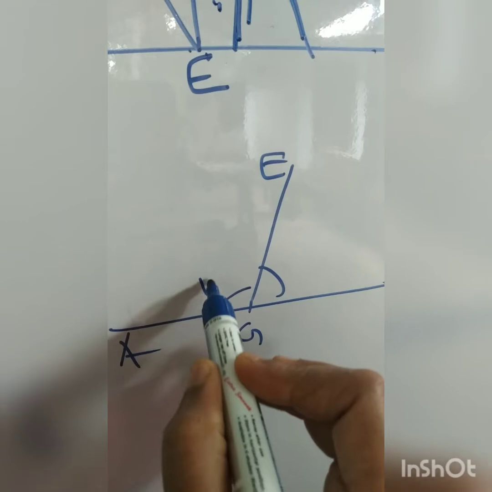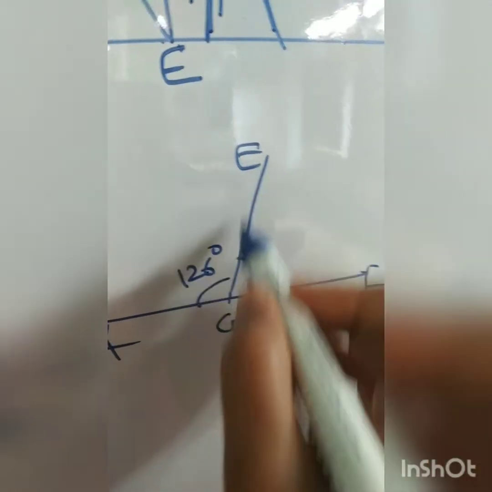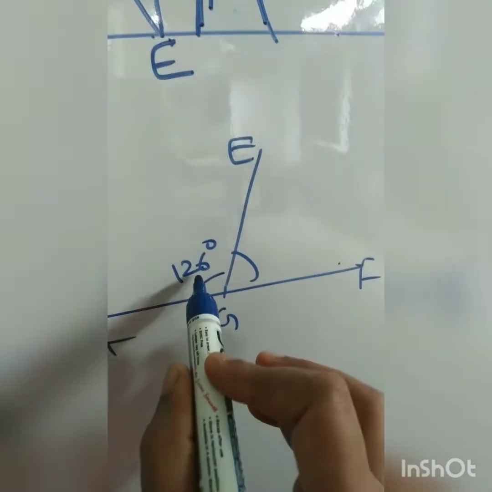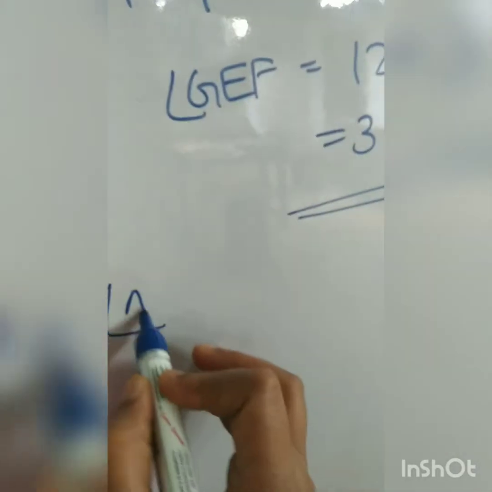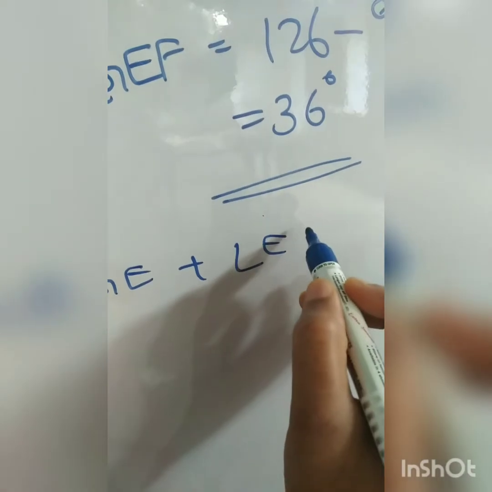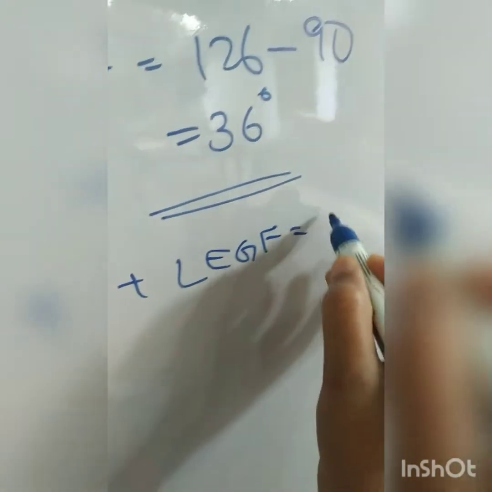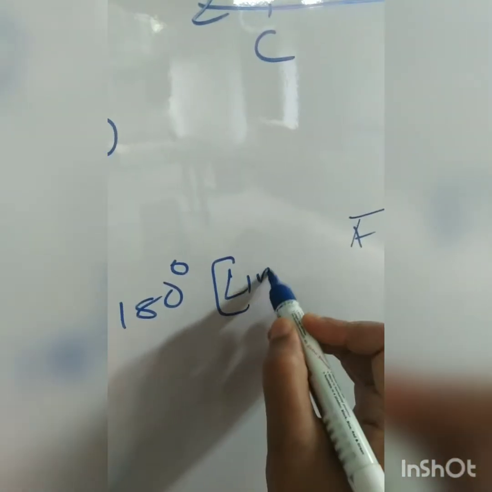But we got this angle as 126 degrees. So angle AGE plus angle EGF is equal to 180 degrees. Reason: linear pair.